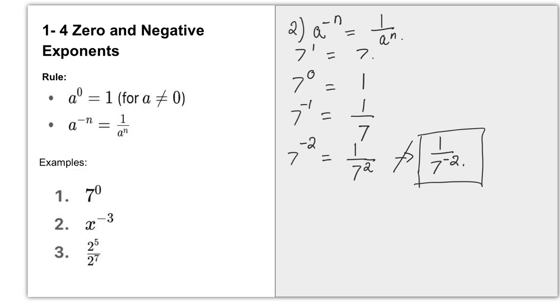If I say 1 divided by 7 raised to the -2 power, this means 1 divided by 1 divided by 7 to the 2nd power. I can rewrite it so you can understand it better.